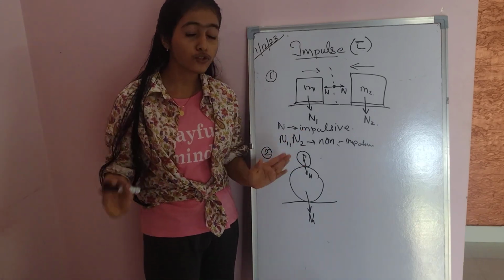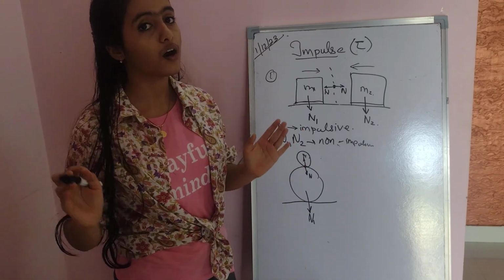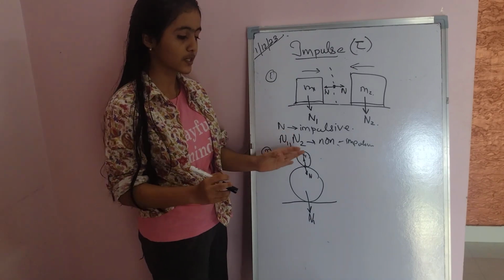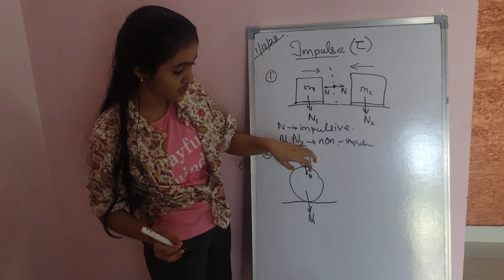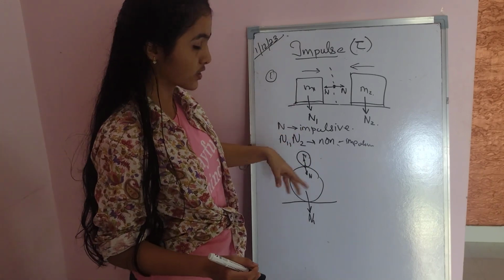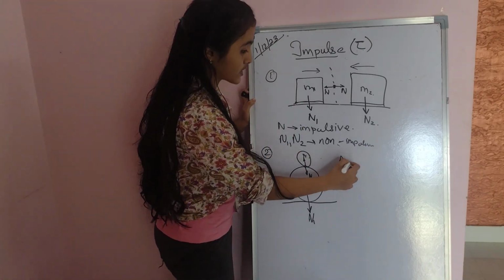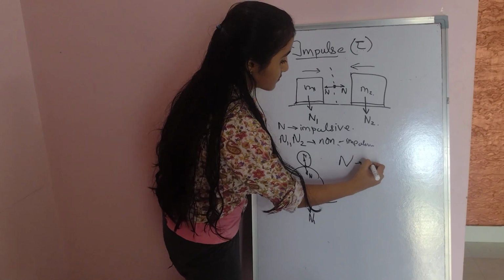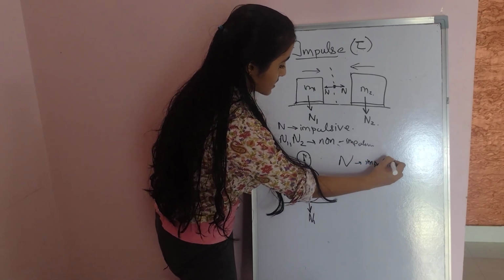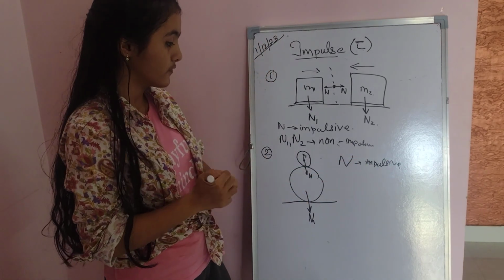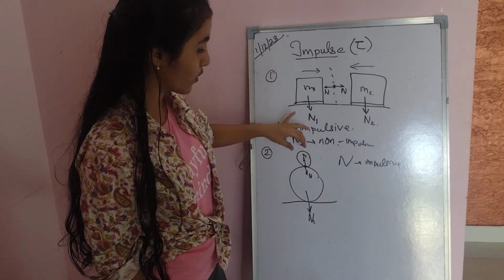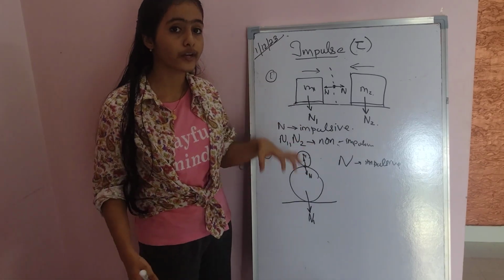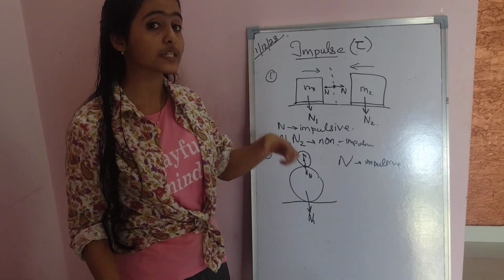We have to determine which are the impulsive forces and which are the non-impulsive forces. We can say for sure that N is an impulsive force because it acts for a short duration when the small ball is falling on the large ball. Now check N1. N1 is pulling the body downwards, but the small ball is also pulling the large ball downwards, so some additional force is applied.